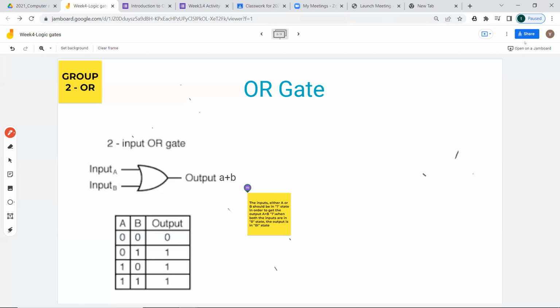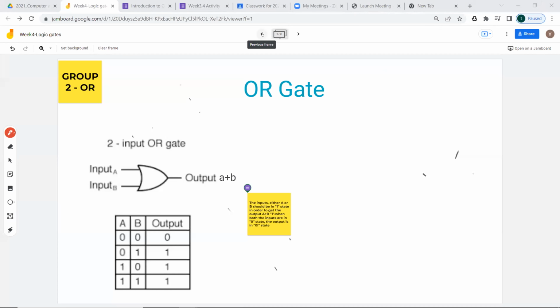So if either A or B is 1, the output is 1. When both the switches are in 0 state, off state, the output is 0. That is the simple and basic concept of the OR gate. Okay, thank you, Barira, for explaining.